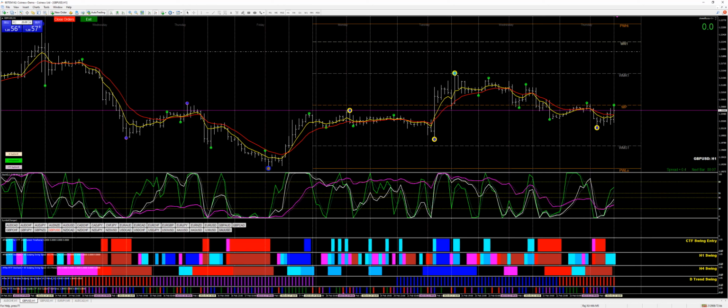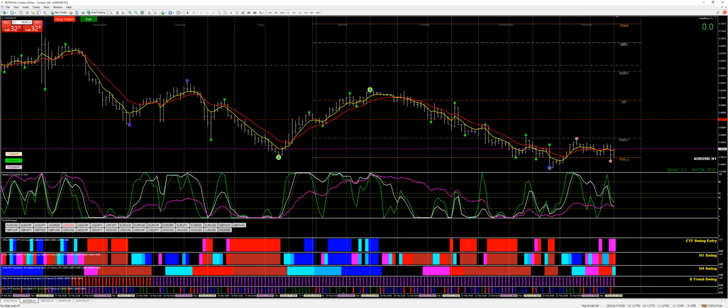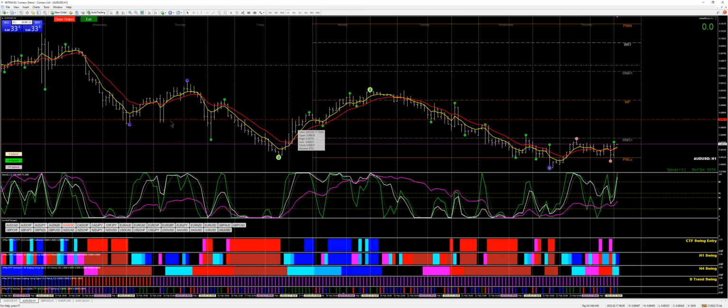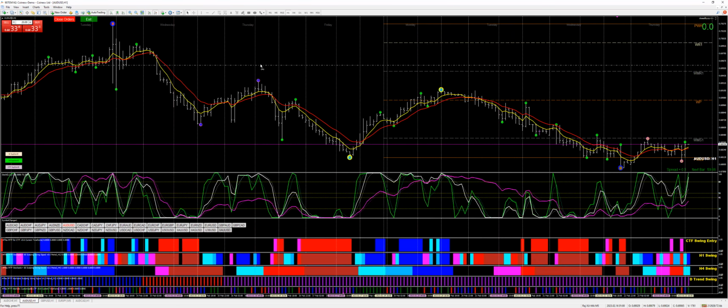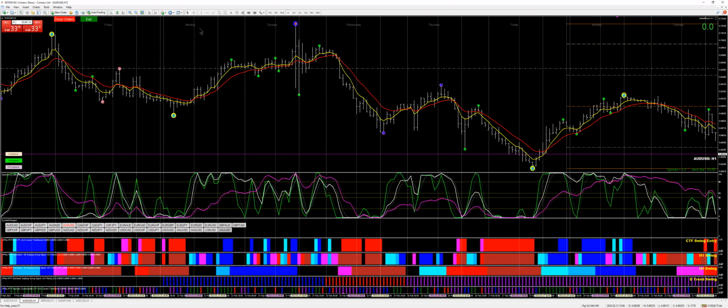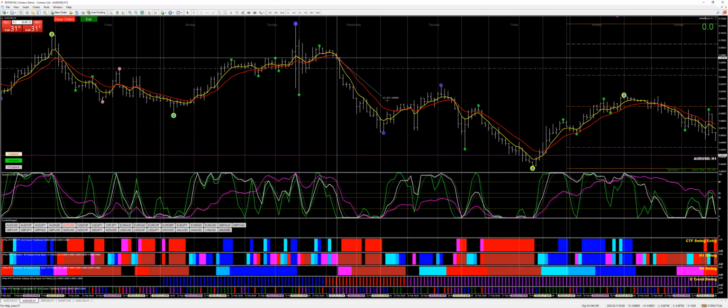If you're looking at Aussie dollar, for example, at the beginning of the week, which is one of the trades we had on our radar, we are waiting to go short. Okay, Monday, we are waiting for it to go short. Here's my short, 72 pips.